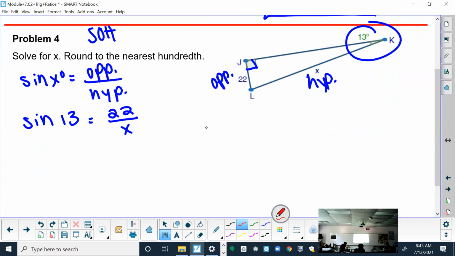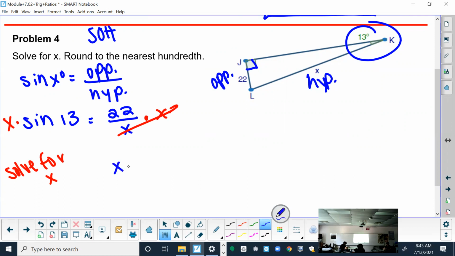Now we're just solving for x. If x is on the bottom of the fraction, so your denominator, then you have to do a little bit of extra steps. You're going to have to multiply each side by x first, because that'll get rid of it on the right-hand side.